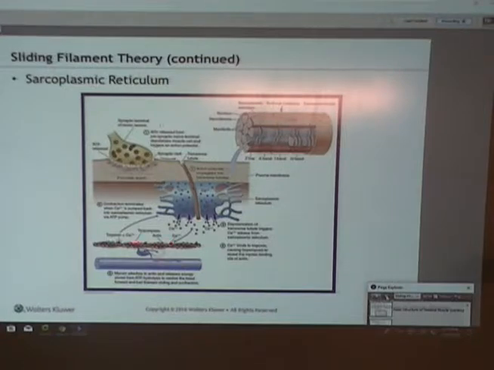Then lying next to the actin is a filament of myosin, and so now there's a myosin head that's close to the actin binding site. Now the site is available, it can attach, and once it attaches, it flicks and drags the actin with it.